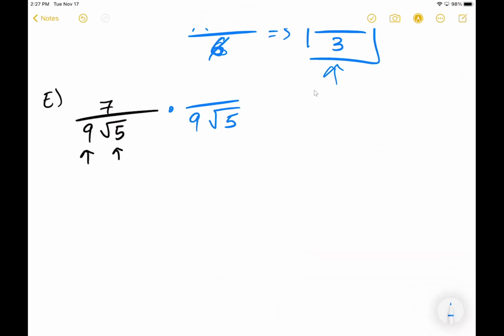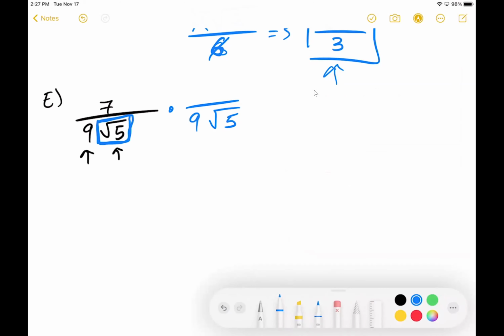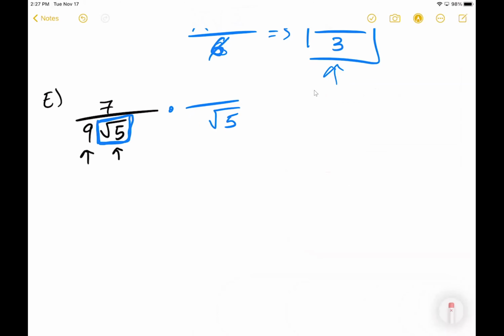Ask yourself, what is your purpose? What is your goal? Your goal is we want to get rid of the radical. The only radical is the radical 5. So all you need to do is multiply by the radical 5 rather than 9 square root of 5.